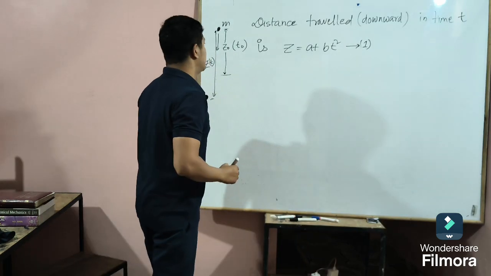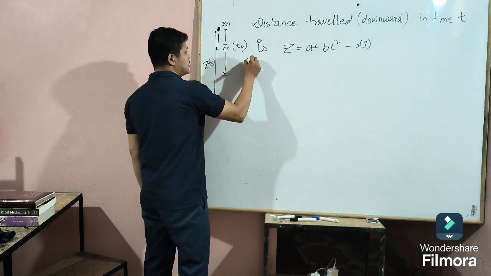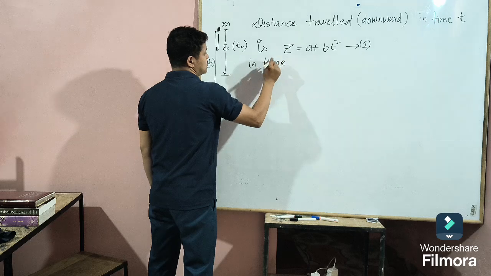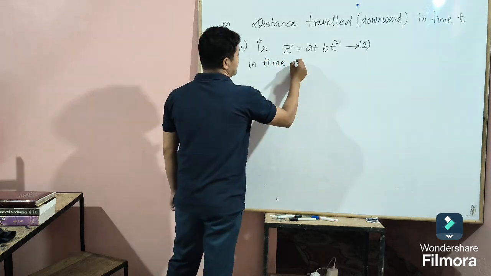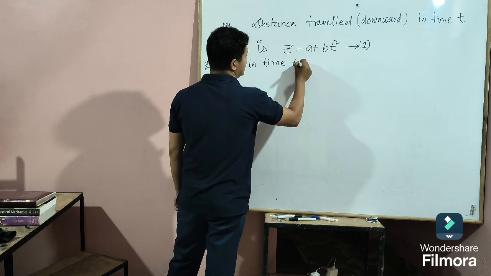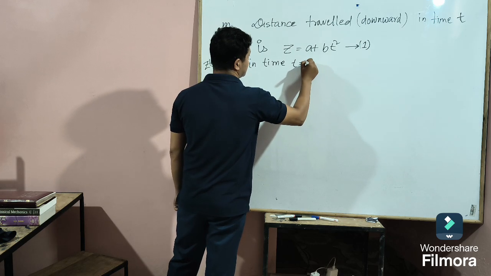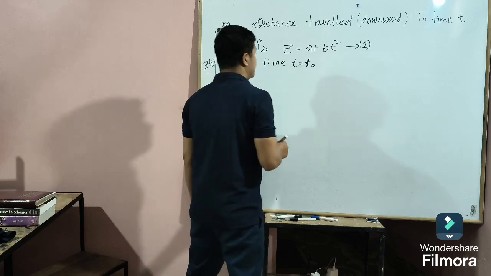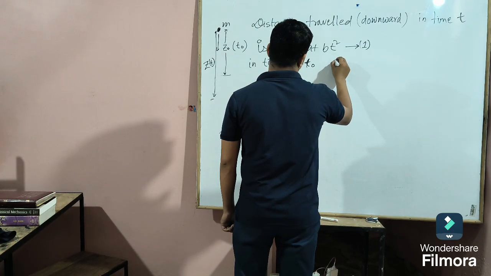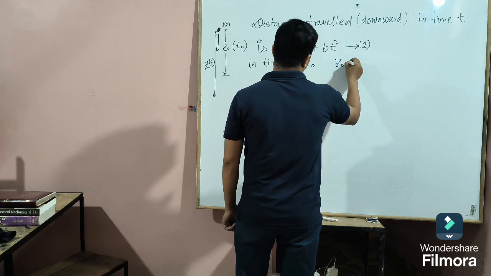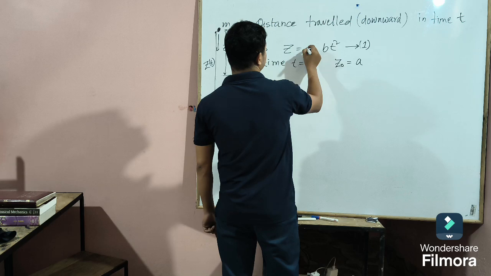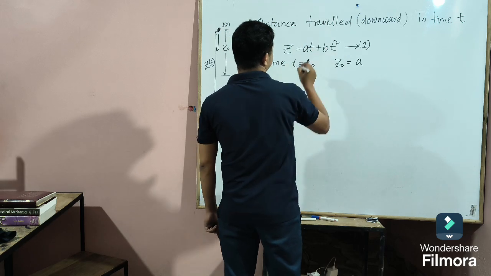Now in time t naught, that means when t is equal to t naught, it travels a distance z naught, which will be given by a t plus bt square.